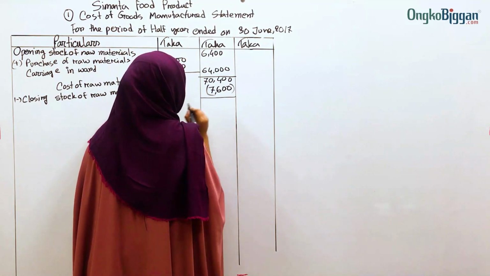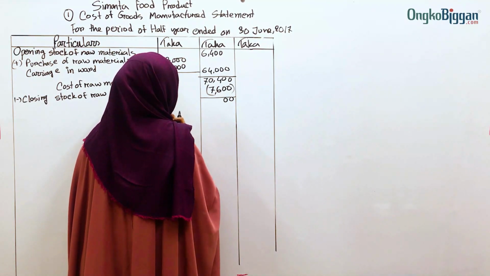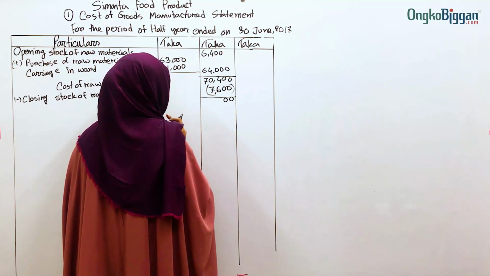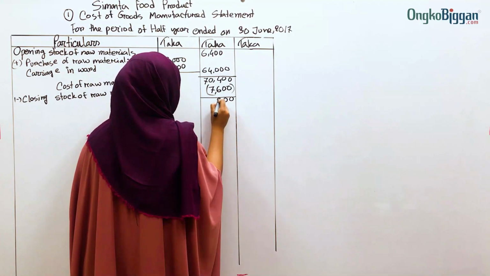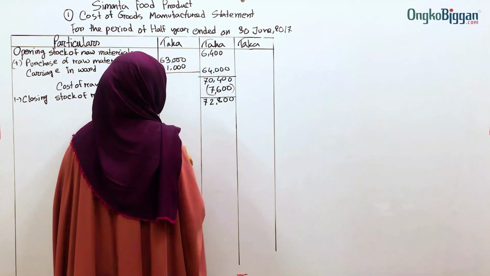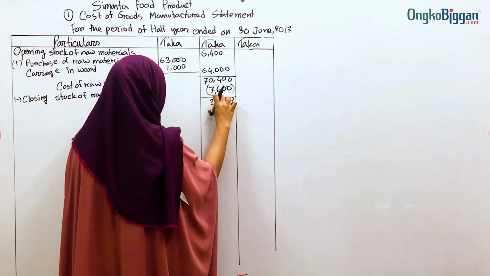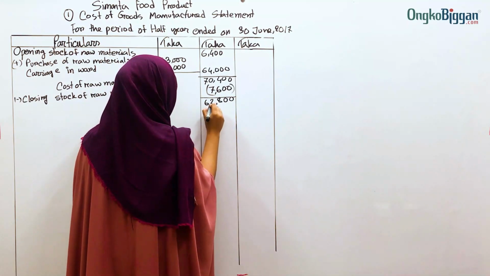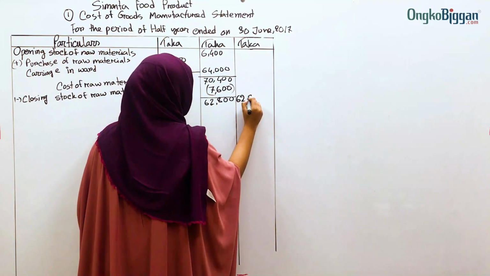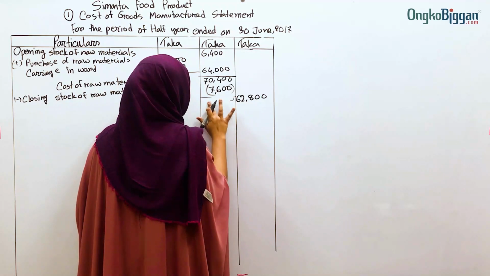So now we will subtract, and it comes out 62,800. This will come to the final column.